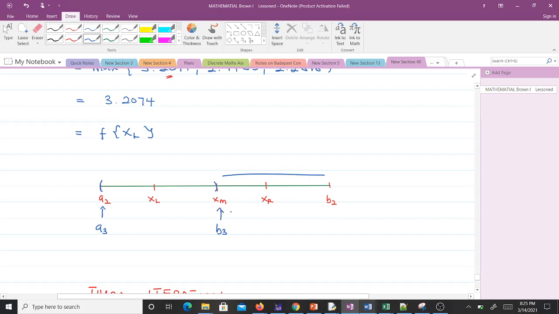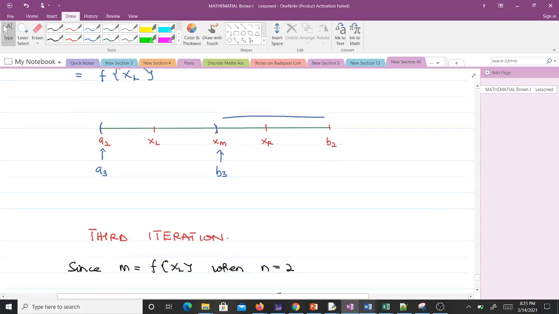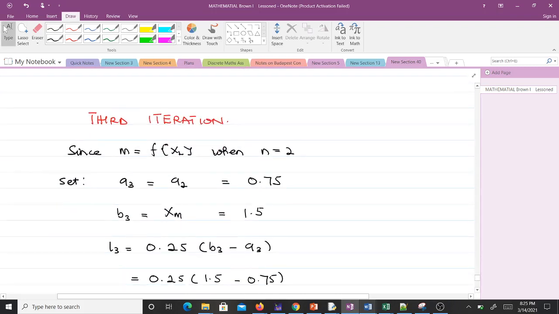So now going into the third iteration, our A3 will be equal to A2, which is 0.75, and our B3 will be equal to XM, which is 1.5. So our L3 will be given by 0.25. We always have 0.25. When we were going through the algorithm, we saw that.